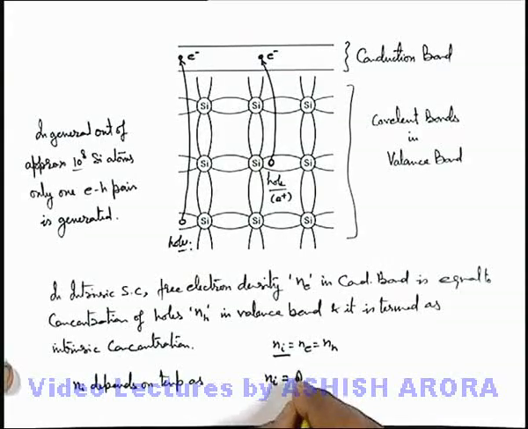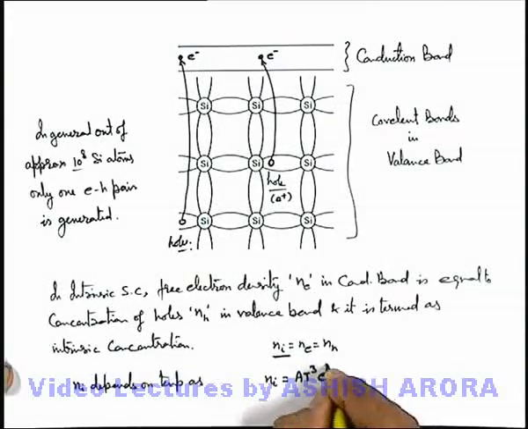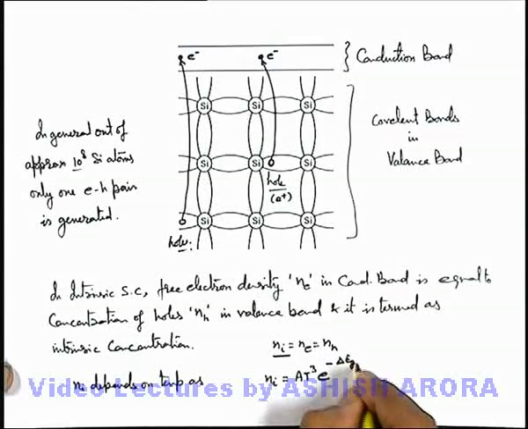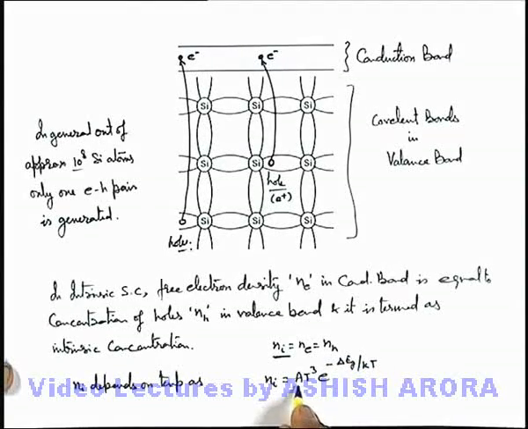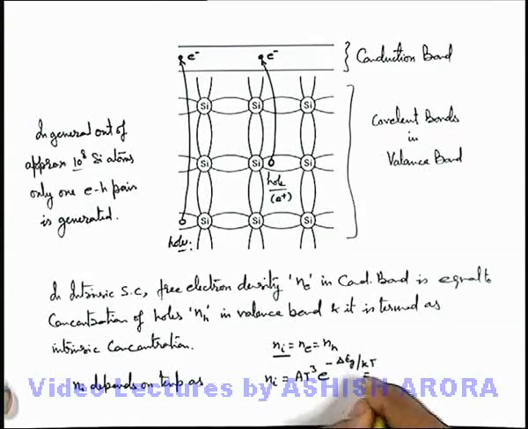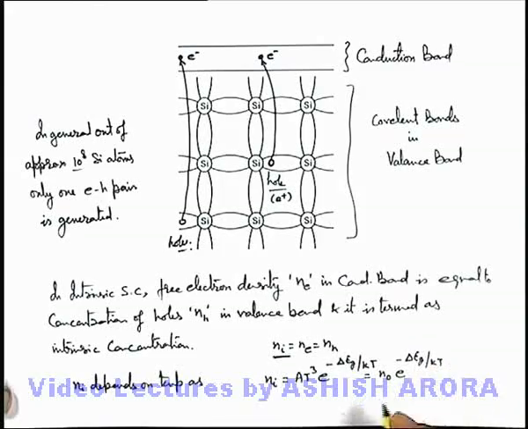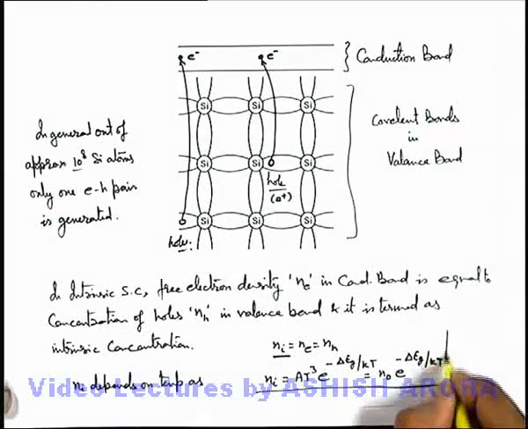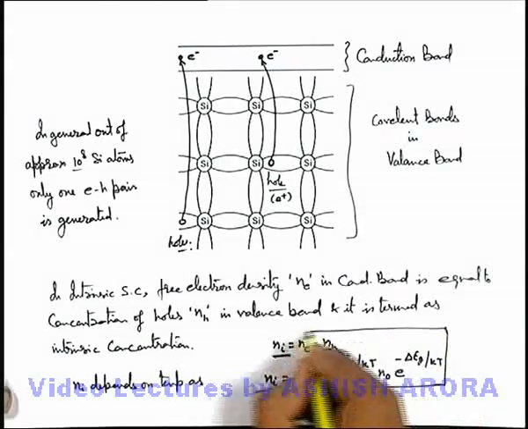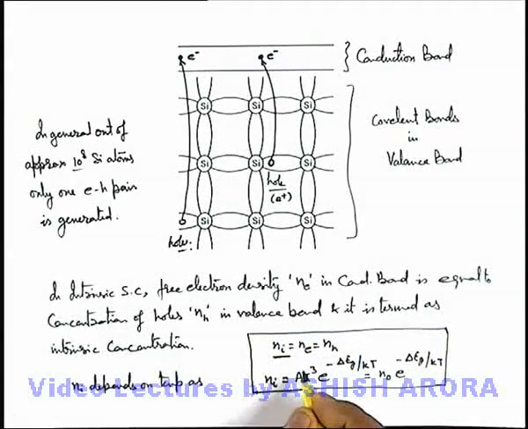It is written as A T cube e to power minus delta Eg by Kt, where A is a constant independent of temperature, T is the absolute temperature, delta Eg is the energy gap of the semiconductor, and K is the Boltzmann constant. And here A T cube can be written as N0 e to power minus delta Eg by Kt. So this expression gives us an idea about how concentration of charge carriers, electrons and holes, depends on temperature.